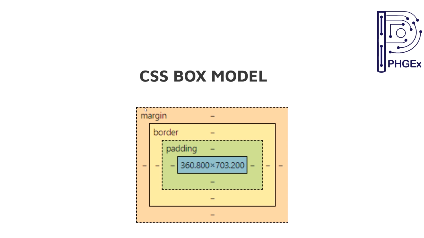Please take note of the order in which we go. The element is nested within, and then the first box that surrounds the element is the padding, followed by the border, and then we move to the margin.